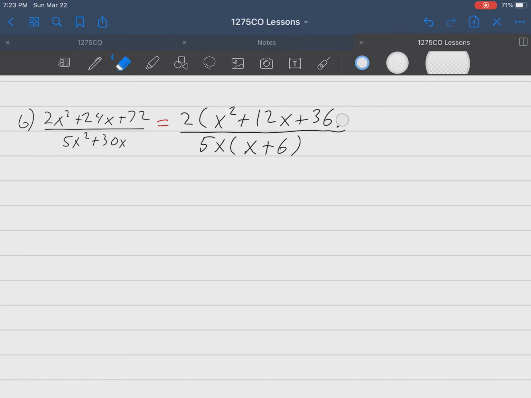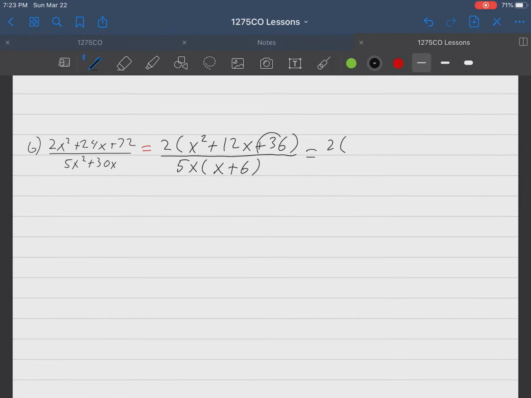Now, once again, nothing cancels here, but this quadratic means that there's more to do. So 2 times what multiplies to 36 and adds up to 12? That's going to be a plus 6 and a plus 6. And 5x times x plus 6.